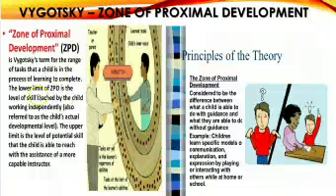The lower limit is the level of skill reached by the child working independently, also referred to as the child's actual developmental level. The upper limit is the level of potential skill that the child is able to reach with the assistance of a more capable instructor.